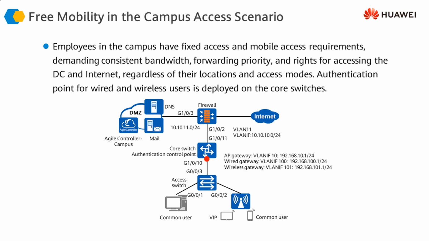Authentication point for wired and wireless users is deployed on the core switches. So this red dot that you can see here is the enforcement point, which means that the users are going to be authenticated and assigned their roles and authorizations at this point.